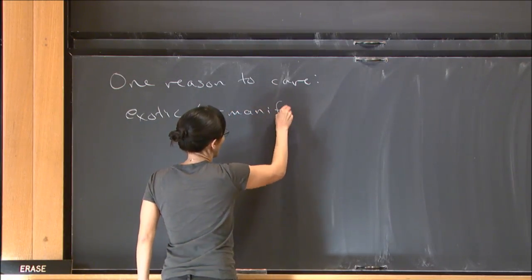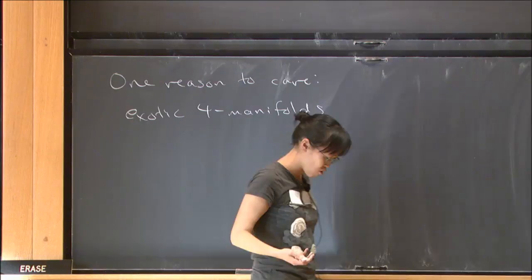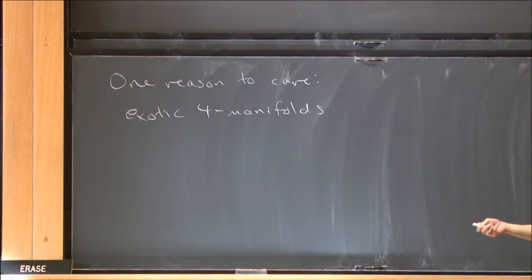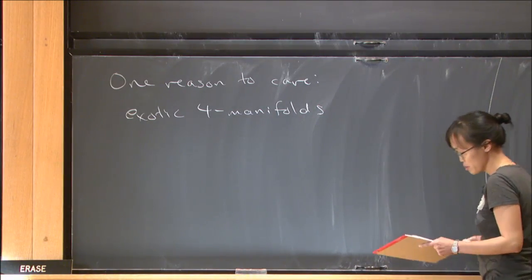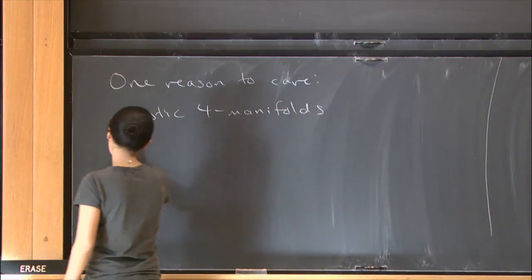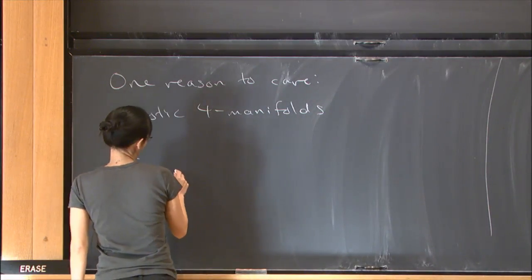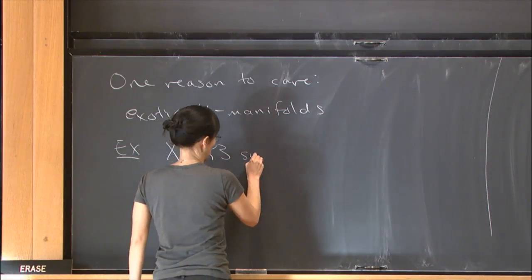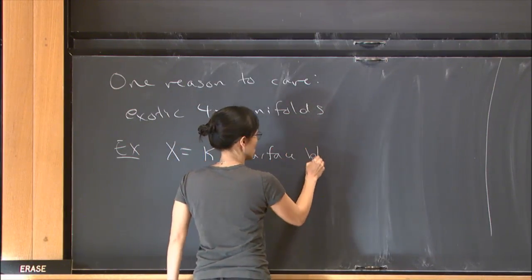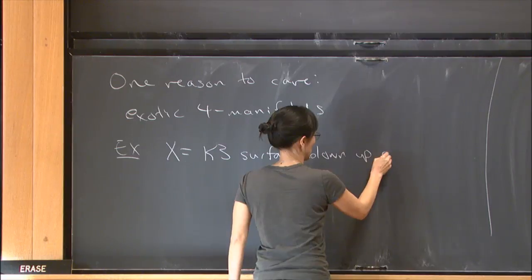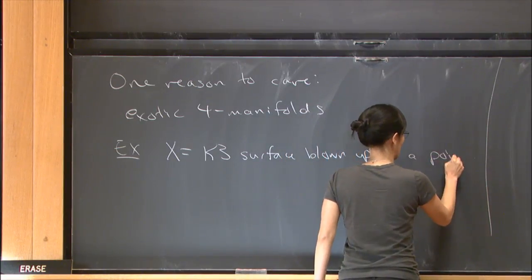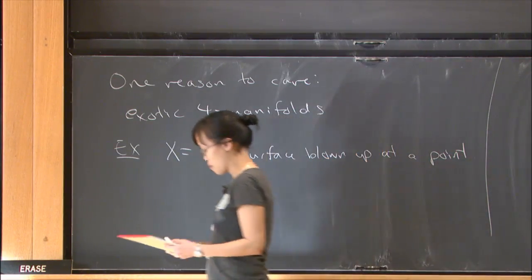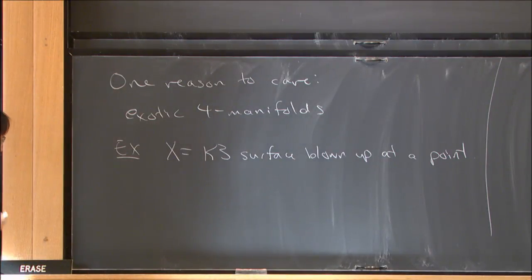So how does the presence of a symplectic structure help us construct an exotic four-manifold? One example to consider: let X be the K3 surface blown up at a point. What features of this space do we care about?